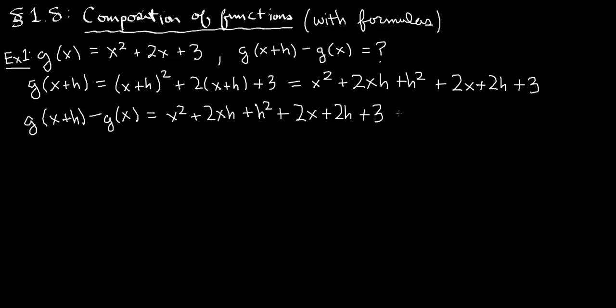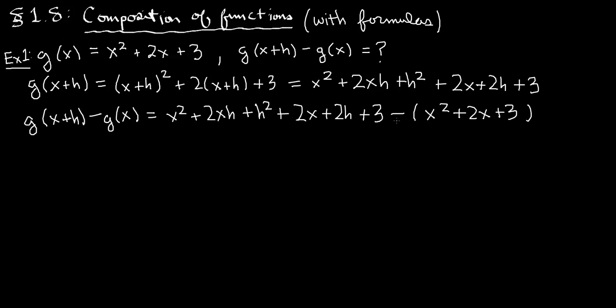And now here we have to be careful, minus parentheses x squared plus 2x plus 3. Why did we put the parentheses here? Because remember, g of x isn't just one thing, it's actually a sum of 3 things, x squared, 2x, and 3. So when we subtract that, we need to make sure that that's what we're subtracting.